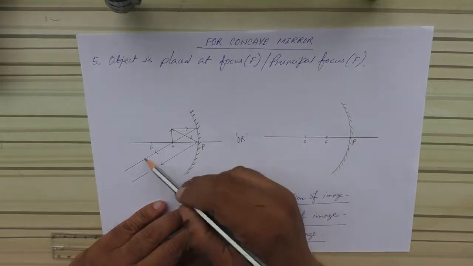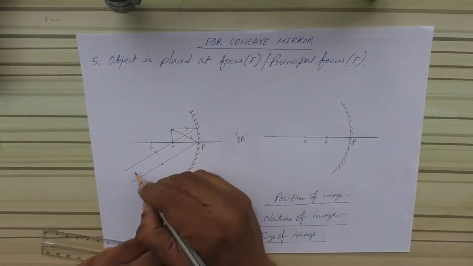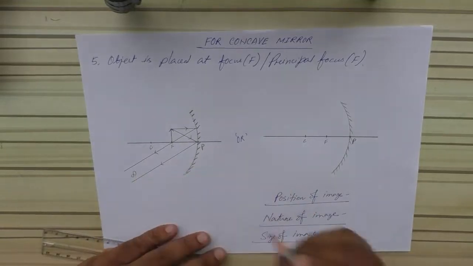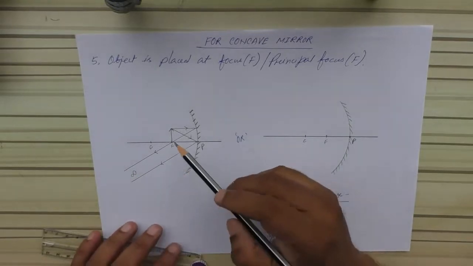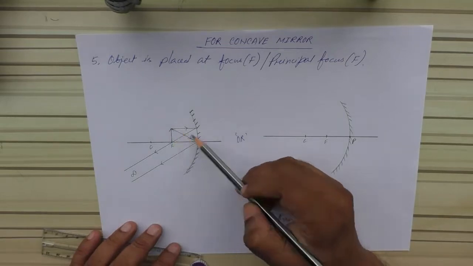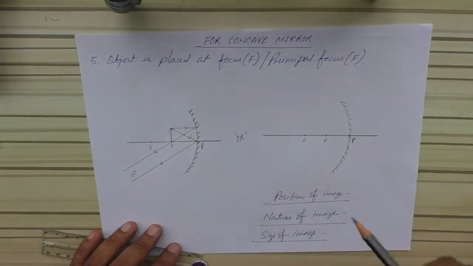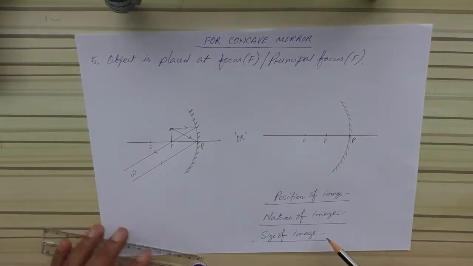So these two reflected light rays are parallel, and it is said that image is formed at infinity. So if object is placed at focus, image is formed at infinity. Nature of image will be real and inverted, and size of the image will be highly enlarged or magnified, we can say.